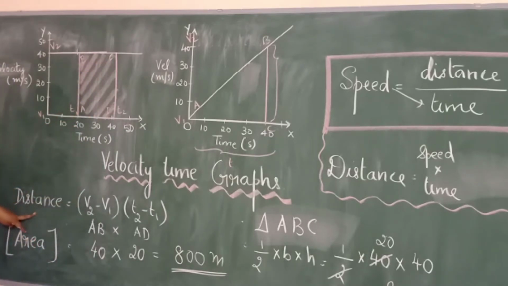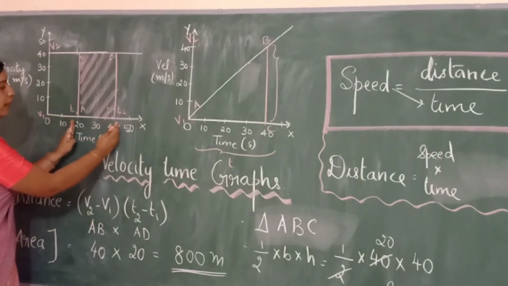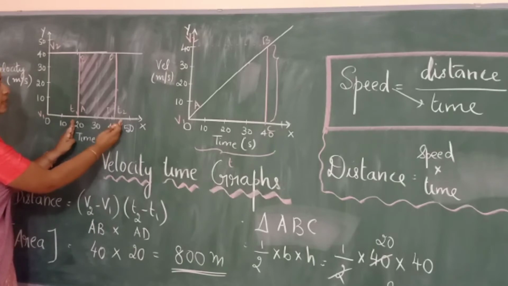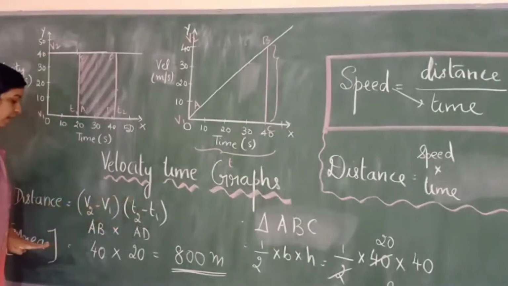We know by the formula that distance is equal to speed into time. So here distance is equal to, what is the speed here? v2 minus v1. The initial velocity is 0 and the final velocity here is 40. And the time we have taken as t2 minus t1.